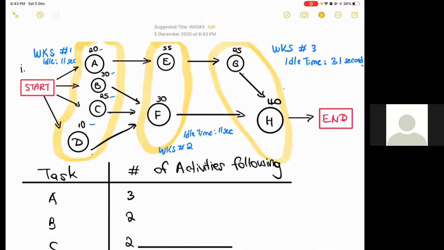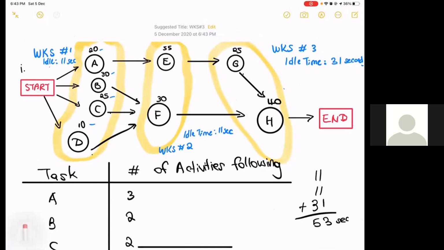We have 11 seconds for the first workstation, another 11 seconds for the second one, and workstation number 3, 31 seconds. Basic math, 53.